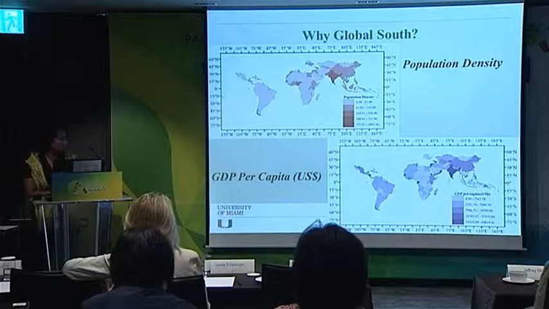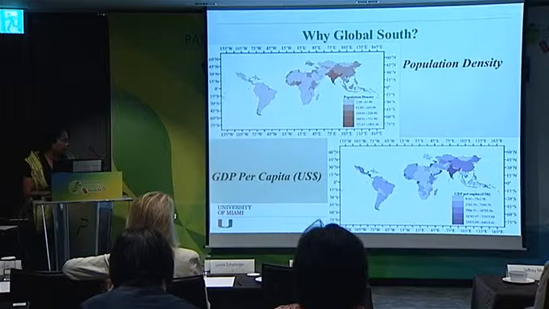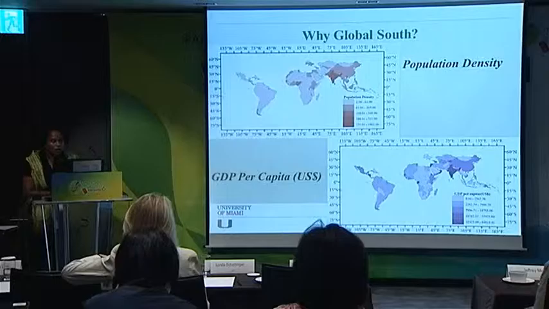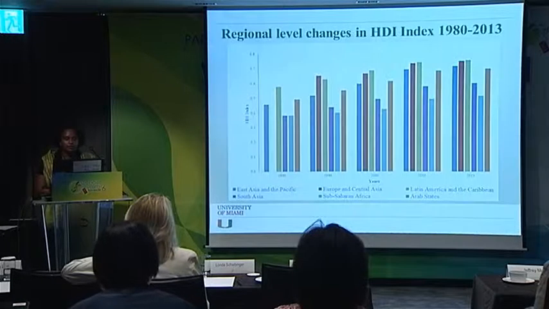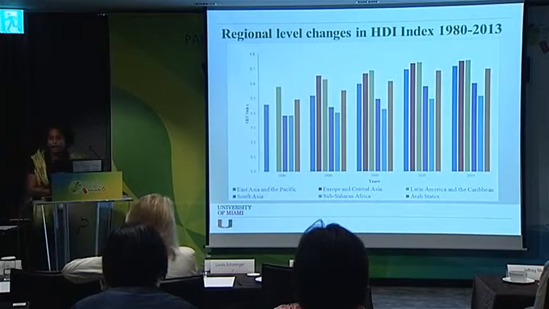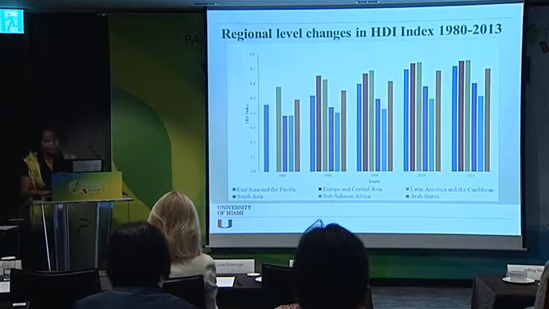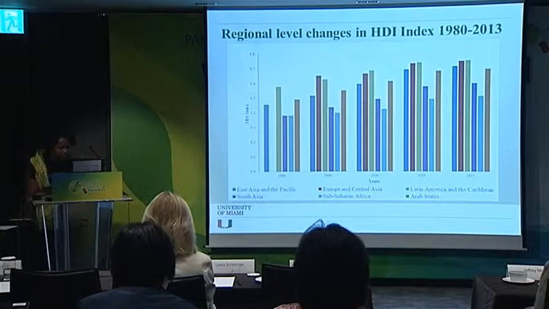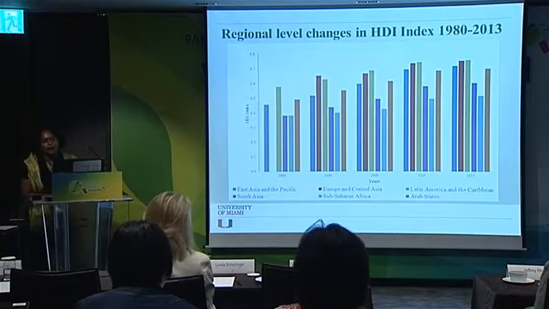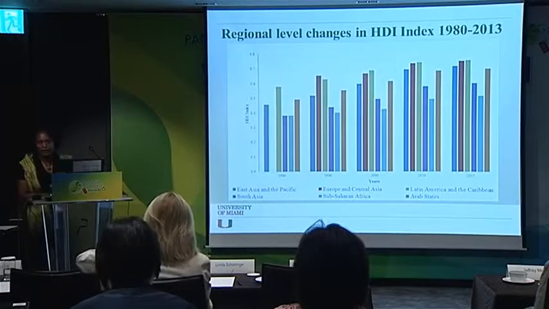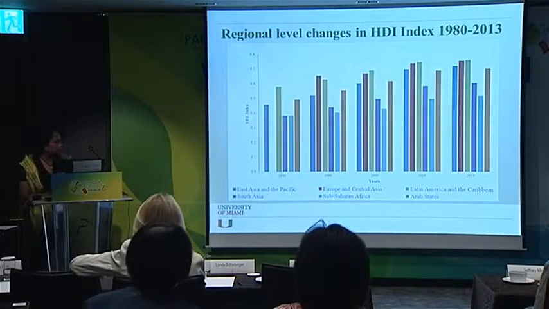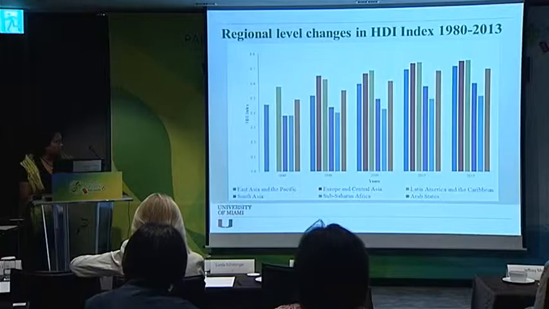And this is the gross domestic product per capita income distribution in the Global South. Let's move on to the regional level changes in the Human Development Index. Most of my research till now has been on climate change, but I decided to look at some of these socioeconomic indices.